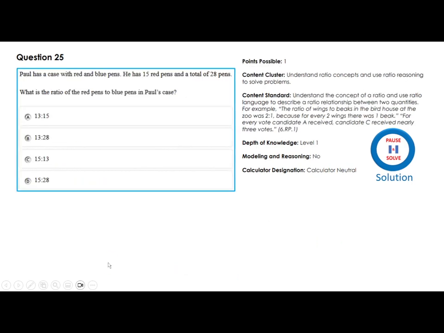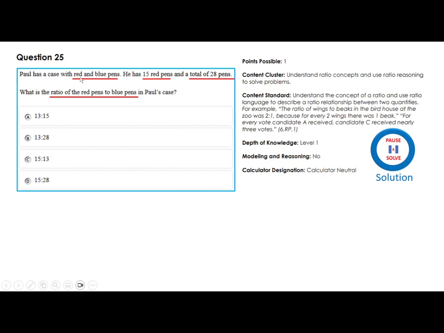Okay, what do we have here? Paul has a case with red and blue pens. He has 15 red pens and a total of 28. What is the ratio of the red pens to blue pens in Paul's case? In order to do that, I don't know how many blue pens we have, but I know that I have a total of 28.